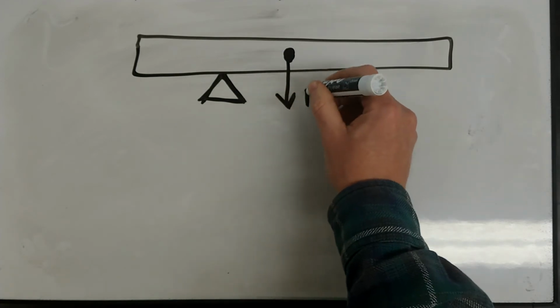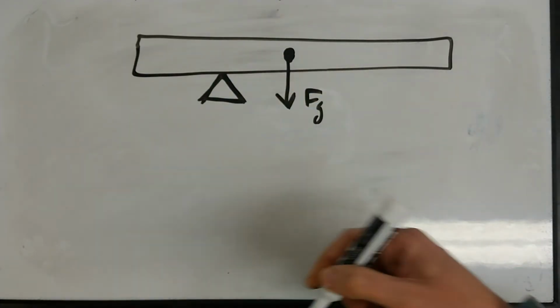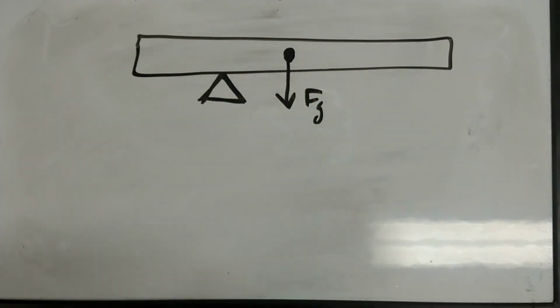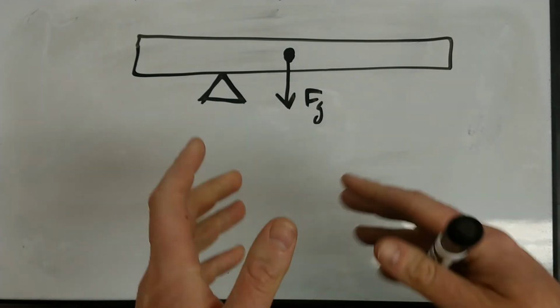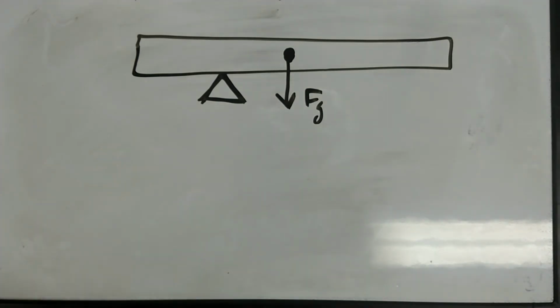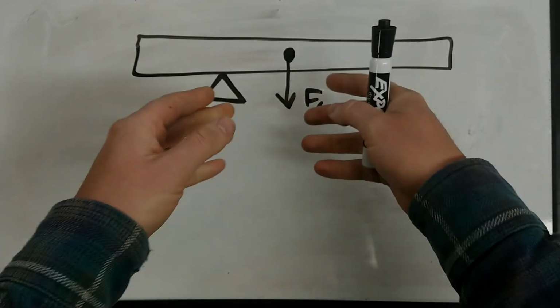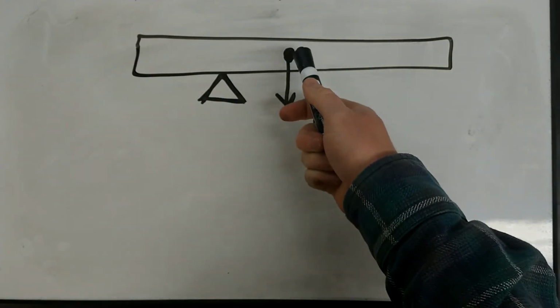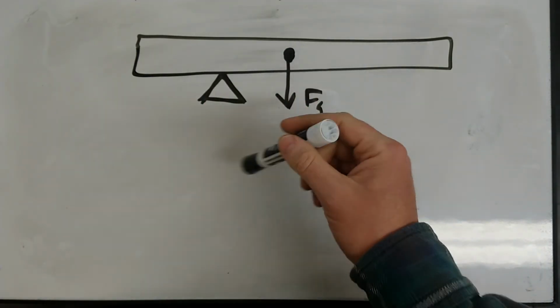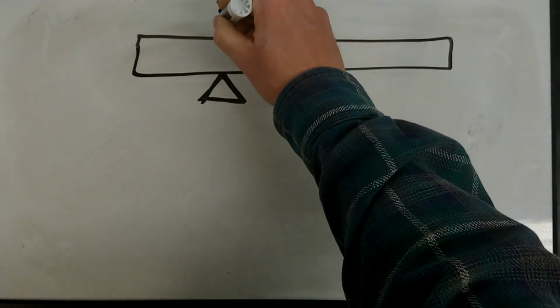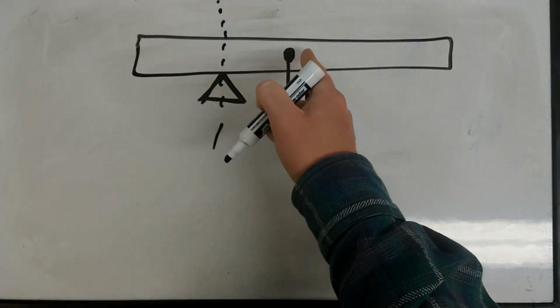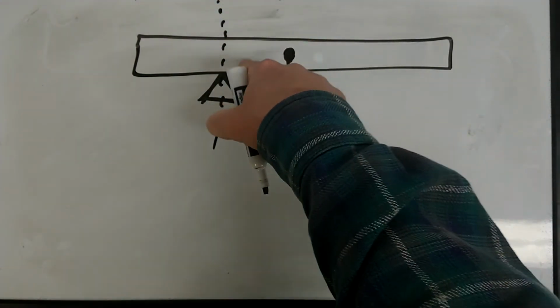Fg always acts on the center of mass of the object, center of gravity of the object. I'm going to use those two terms kind of interchangeably, center of mass, center of gravity. They are slightly different, but anyhow. To determine the torque due to gravity now, we just have to measure the distance between the force of gravity and the pivot point.